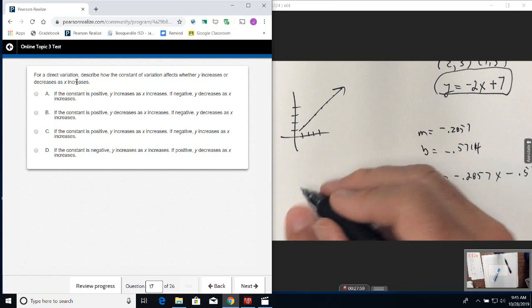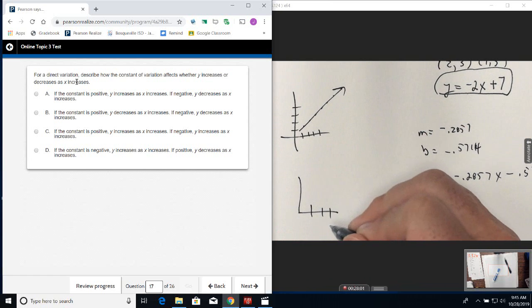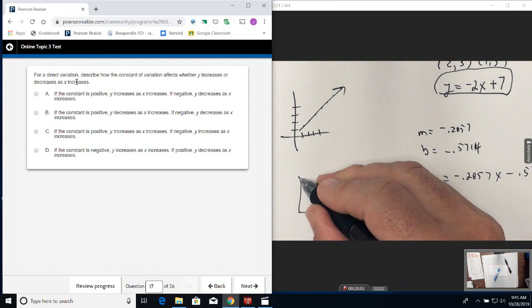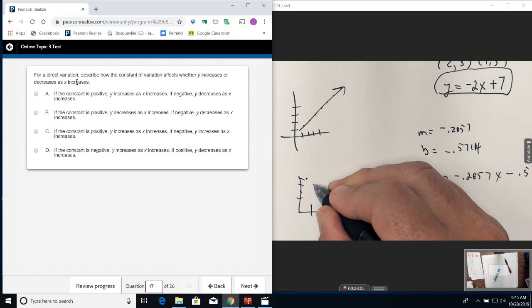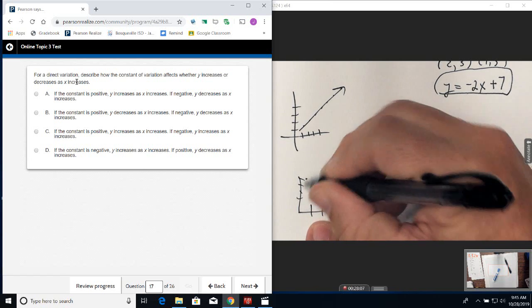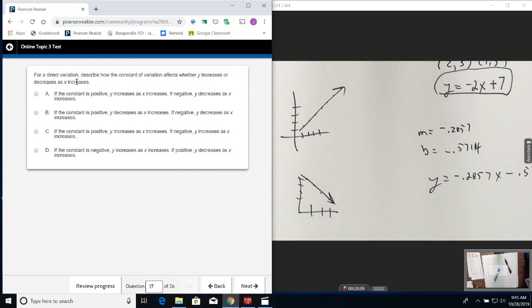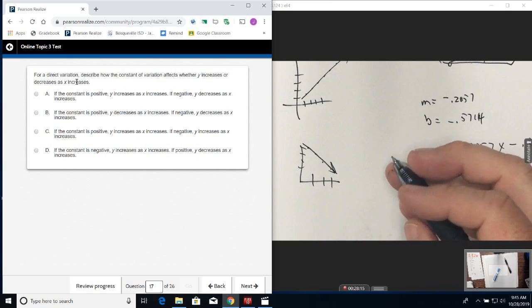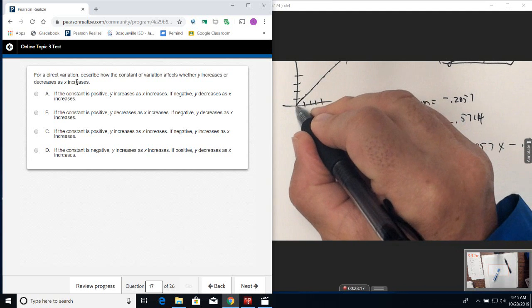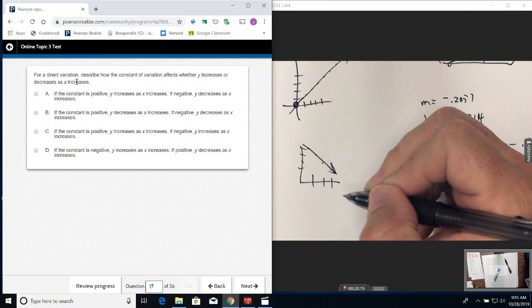A positive sloping line. What if my x increases and my y is doing what? Decreasing as my x increases. I have a negative sloping line. Right?